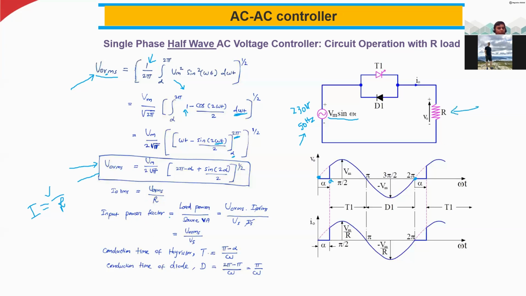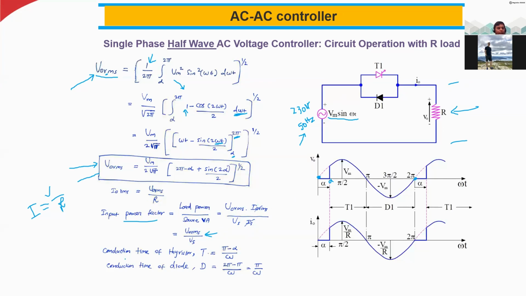And input power factor is equal to load power divided by source VA. That is V_O RMS, I_O RMS divided by V_S, I_S, the source. The input current is equal to the output current, so you can cancel this. And this is the actual formula for the input power factor.